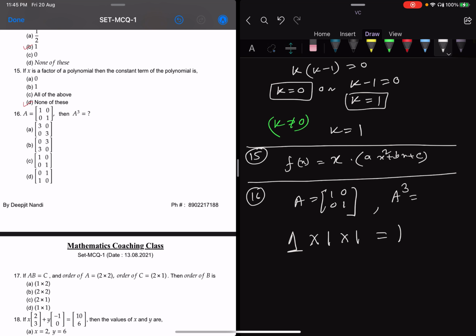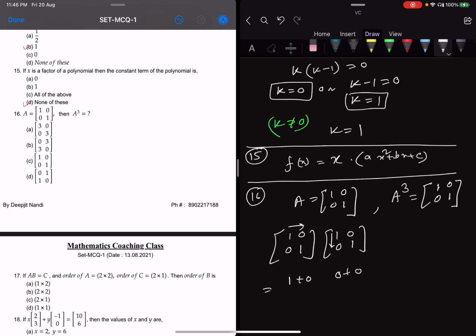So however many times you multiply this A, that means this matrix, with the same value, it will be the same, that means 1. For the matrix case it will be the same. Let us check it. You have to take the row: 1 into 1 is 1, plus 0, 0 plus 0, it's 0, plus 0, it's 0 plus 1.